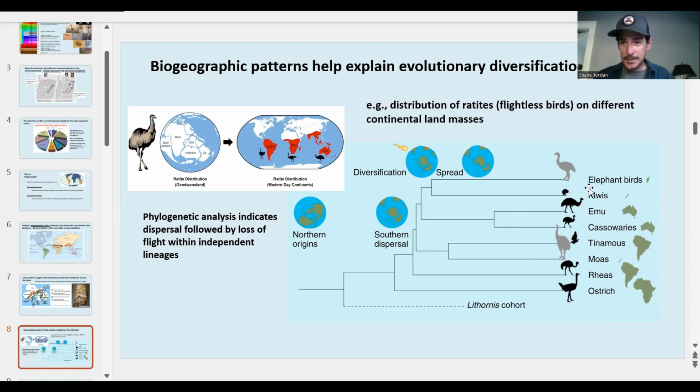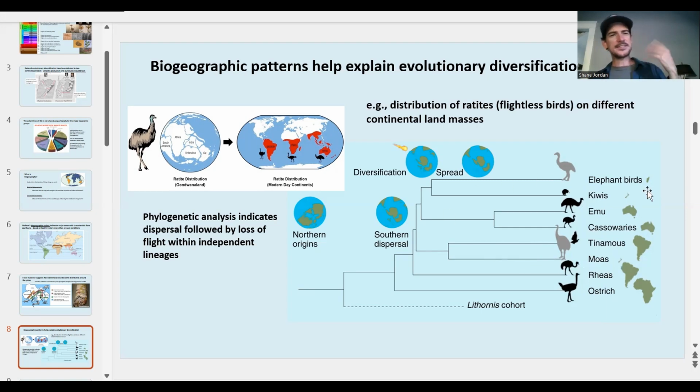So, for example, let's take a look at things like moas that occur in New Zealand, which share their closest ancestors with tinamous, who have a fossil record in South America. But there are also kiwis that are flightless in New Zealand, but they're distantly related to moas.